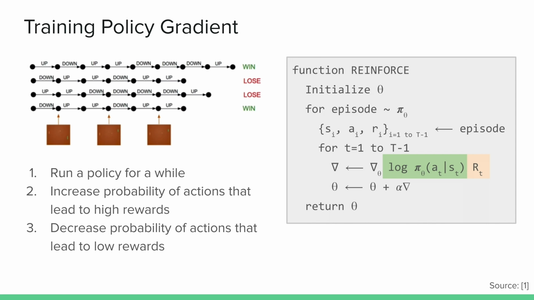So the left part here, the green part, would be the log likelihood of the certain action in a state, multiplied with the expected discounted reward from that point in time. That is our gradient, and we can compute the backprop step here. Once we have our gradient, we can update our parameters with it in the same way that we've already seen before.